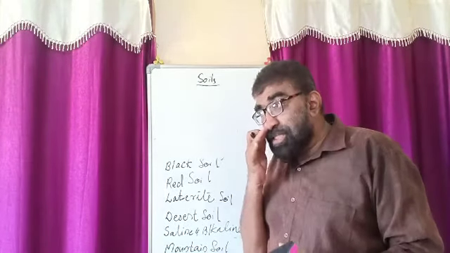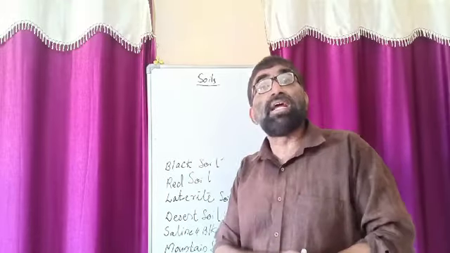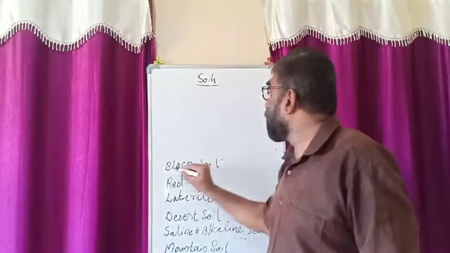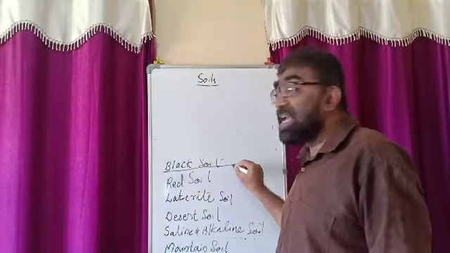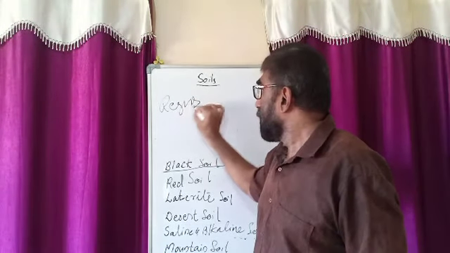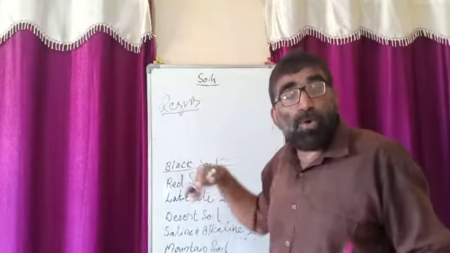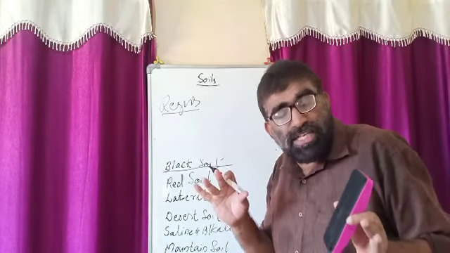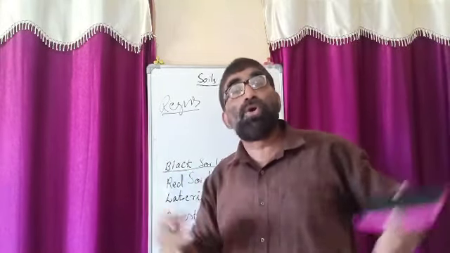Black soil is also known as regur soil or black cotton soil. This soil is suitable for the growth of cotton.